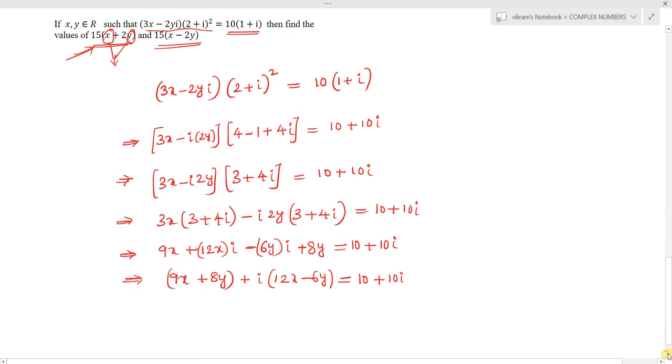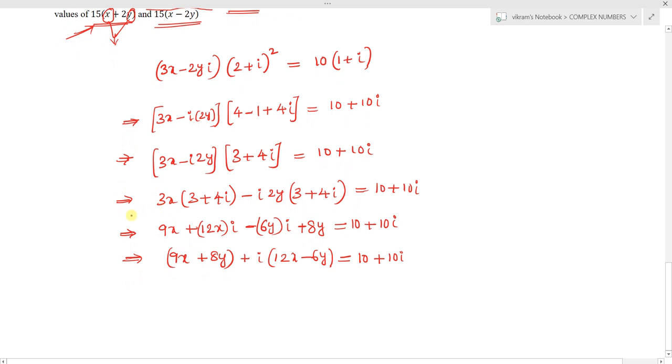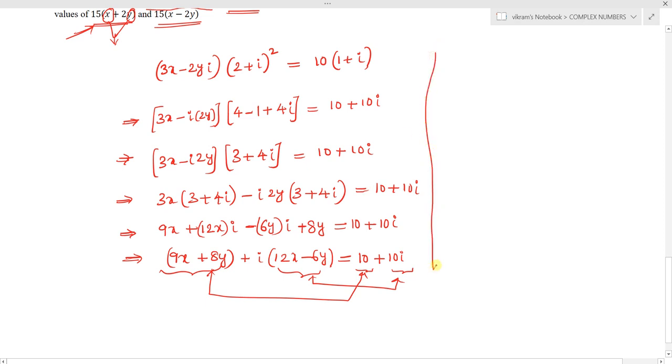LHS is a complex number having real and imaginary parts, and RHS is also a complex number having real and imaginary parts. Two complex numbers are said to be equal only when their real parts are equal and their imaginary parts are equal. So from this equality condition we can write 9x plus 8y equals 10.